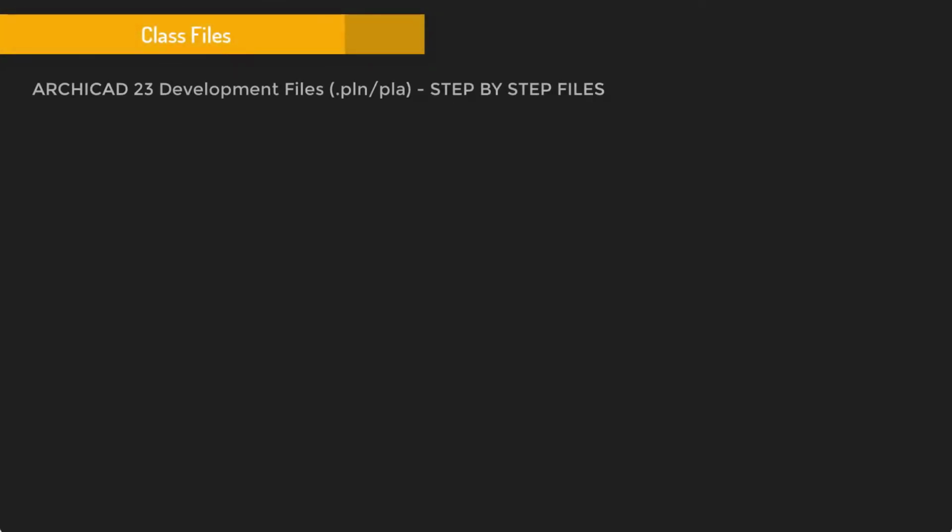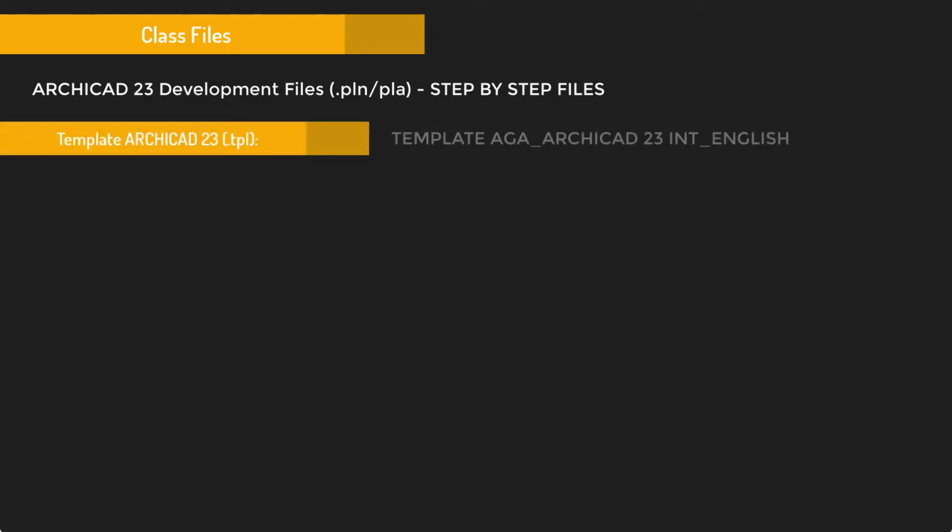In each section, you will have an Archicad file prepared for you to continue the project step by step. It will always be in PLN and PLA extension. I will later explain the difference between them. Besides that, we have the template used as a base to start the project.